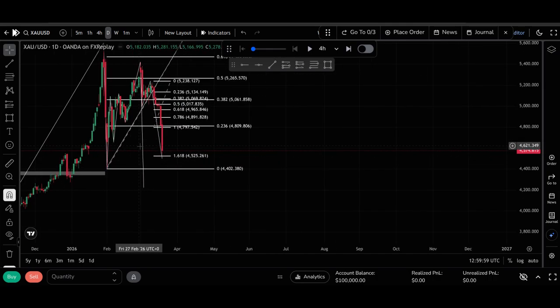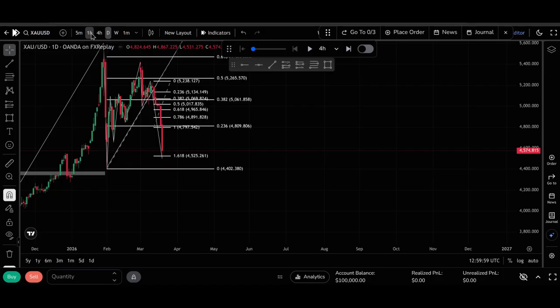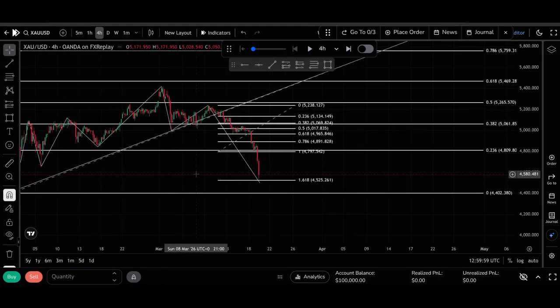So you have to take all the potentials of what could be happening into account. This could be a liquidity grab, or some sort of mean reversion, but it's also fair to assume that a downtrend could be beginning to form.